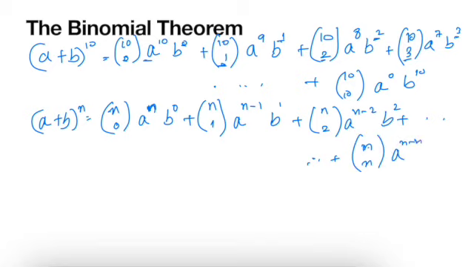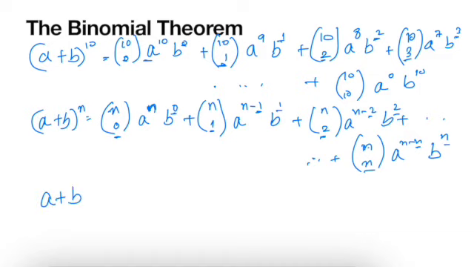A to the power 0 is nothing but a to the power n minus n. I'll tell you why I wrote it like this. You see that the 0 and the power of b are the same. Here 1 and here 1 are the same. Similarly 2 and n minus 2 are the same. So these are the same. If you want to generalize this, how do we do it?